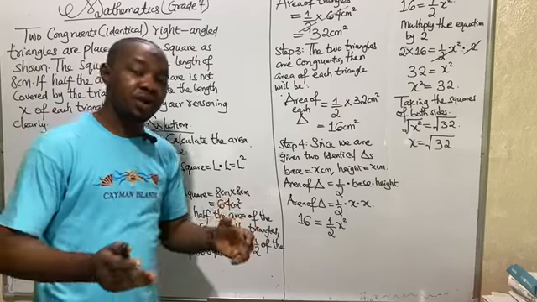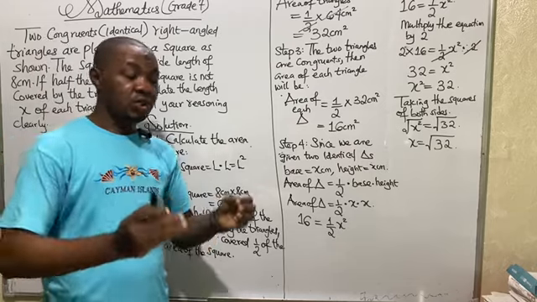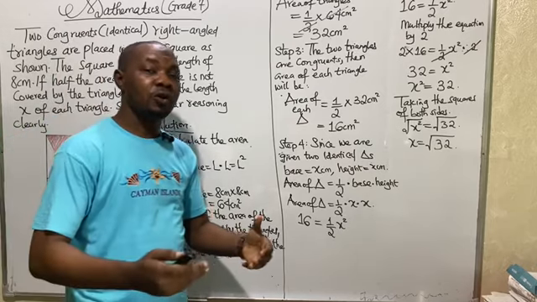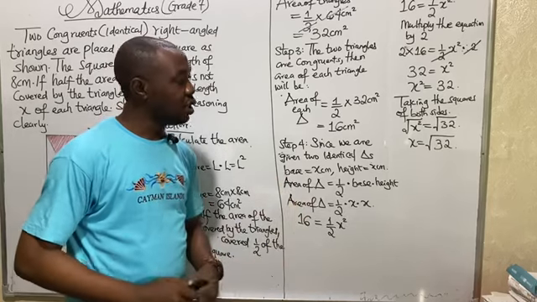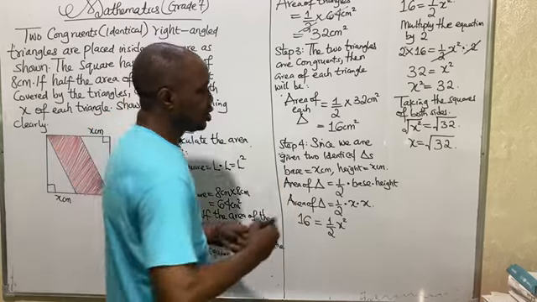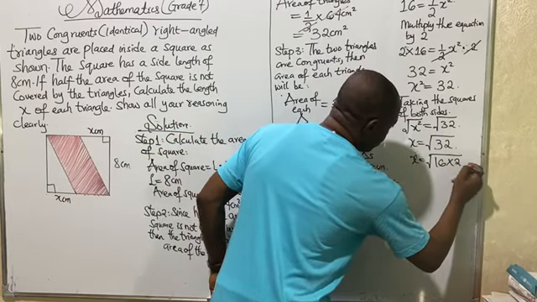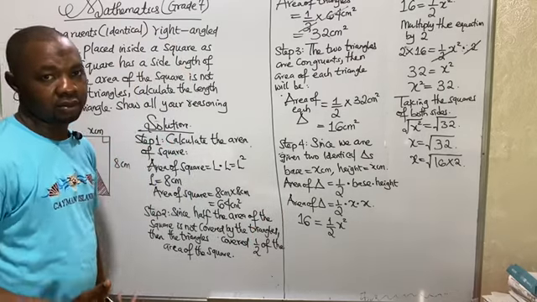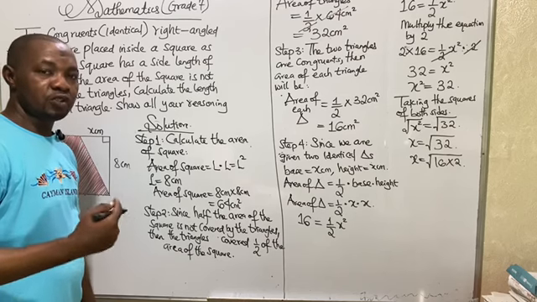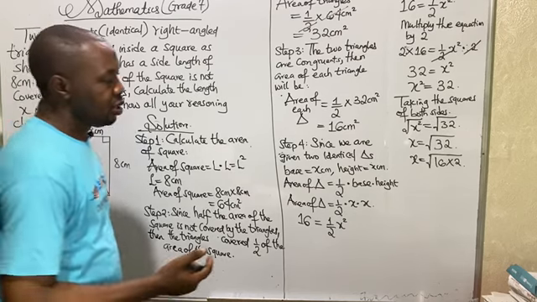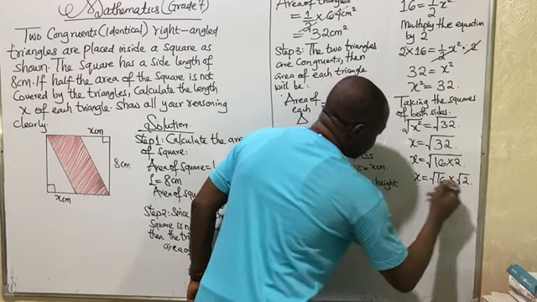A perfect square, or a squared number, is a number which can be expressed as a product of two equal integers. So in this case, we have x equals the square root of 16 times 2. 16 is a perfect square. So we have x equals the square root of 16 multiplied by the square root of 2.